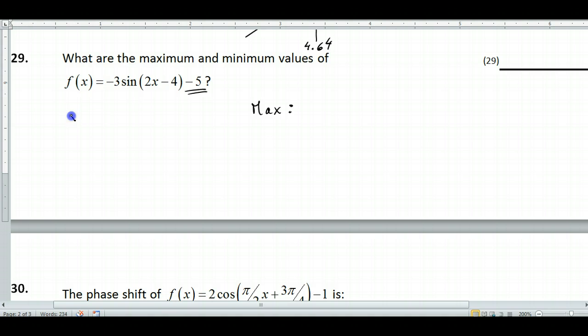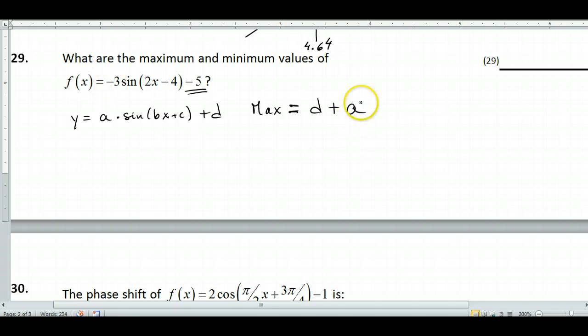When you're dealing with this function, a times sine of bx plus c plus d, the max is always the vertical shift plus what we call the amplitude. Don't put a negative sign here, like it's negative, but a is 3. The negative sign is just a reflection.